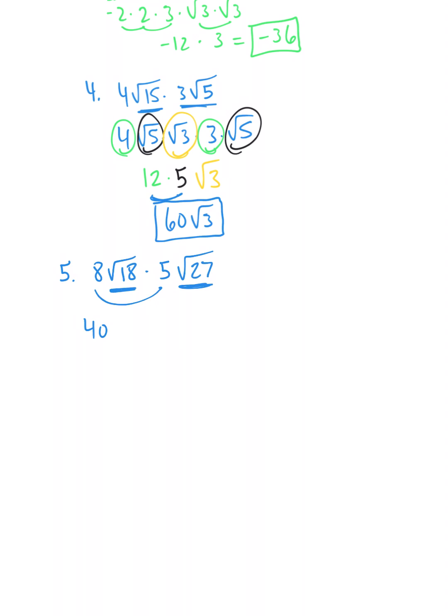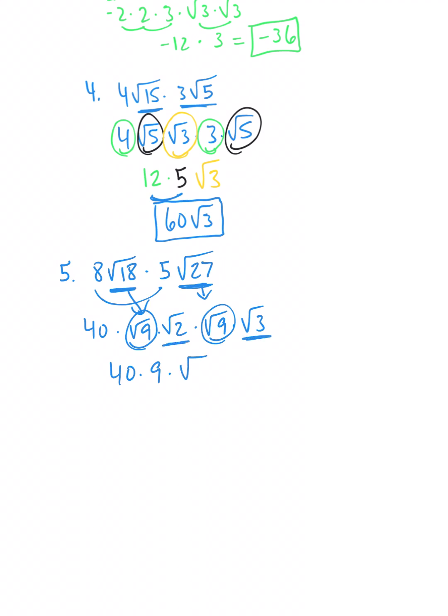So we'll take the square root of 18 and we'll split that up into the square root of 9 times the square root of 2. And we'll take our square root of 27 and we'll split that up into the square root of 9 times the square root of 3. So then we can see that we have the square root of 9 times the square root of 9, which we know is just 9. So we have 40 times 9 times, we have the square root of 2 times the square root of 3.